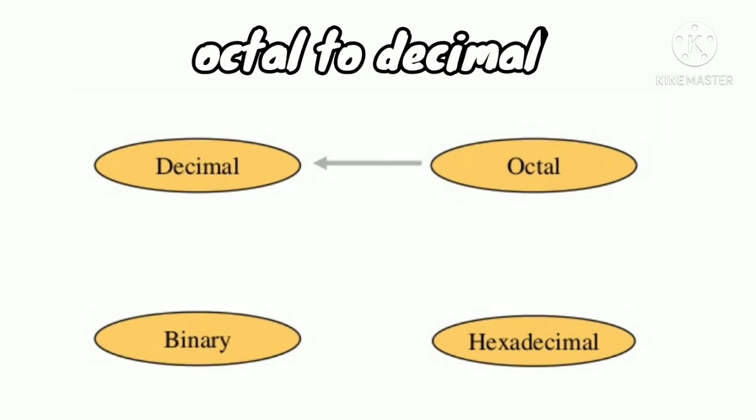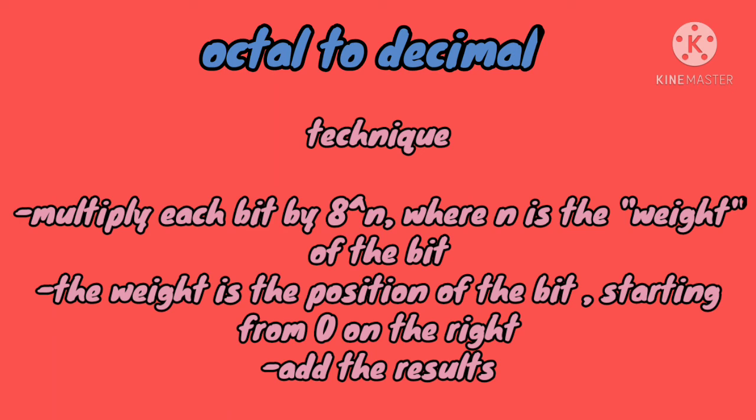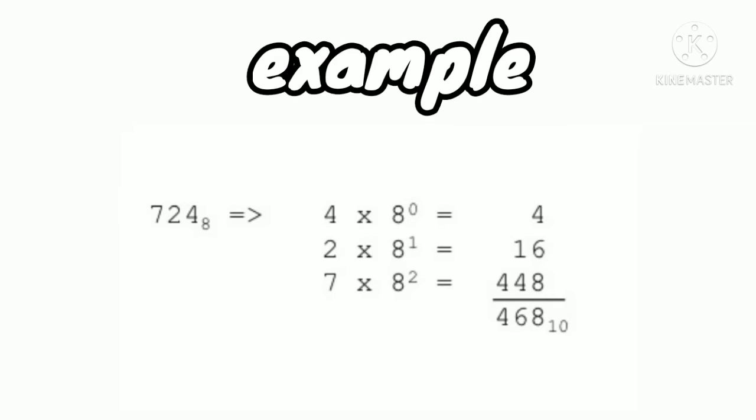The conversion of octal to decimal. To convert octal to decimal, use this technique. Multiply each digit by 8 to the power n, where n is the weight of the digit and the weight is the position of the digit starting from 0 on the right, and add the results. This is the example in which octal is converted into decimal.